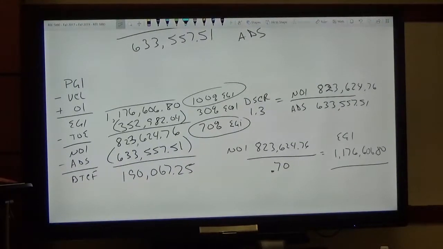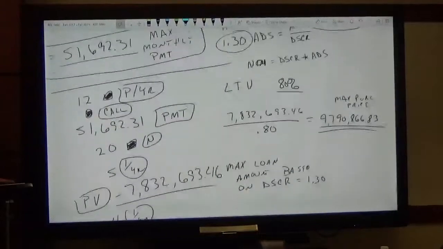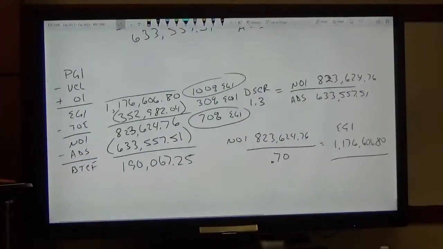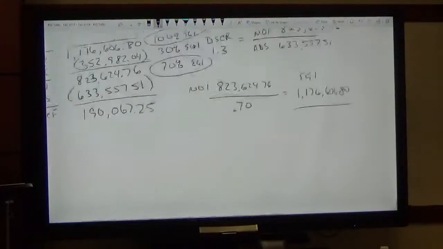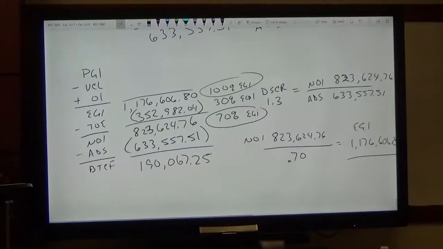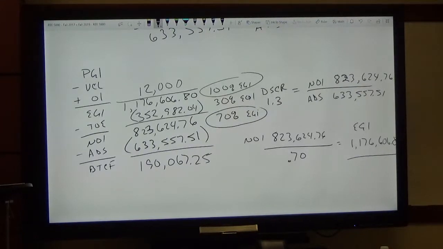What was our other income number that we used for this property? 12,000. Okay, 12,000. Now, vacancy and collection losses was negative 60. We can ask whether that was a fixed number or a percent.